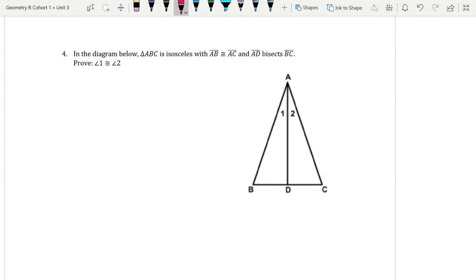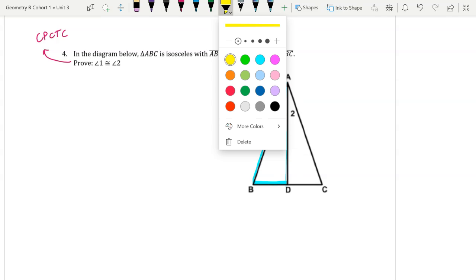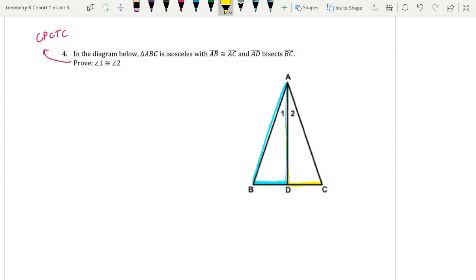Number 4 gives us a bunch of different givens and asks us to prove angle 1 is congruent to angle 2. As soon as I see that, I'm thinking CPCTC, meaning I have to prove the triangles are congruent. Now these triangles do have some overlap, so I'm going to highlight them. Let me grab a different color here. We'll use yellow. So we see something right away, but let's talk about the givens first.